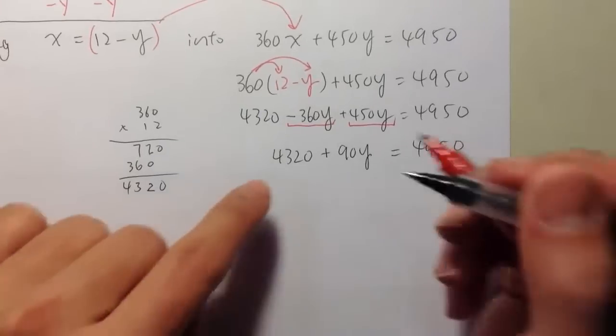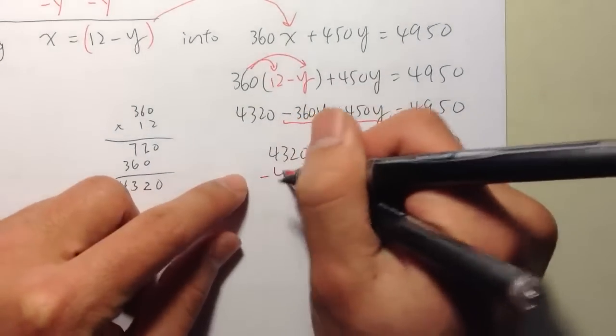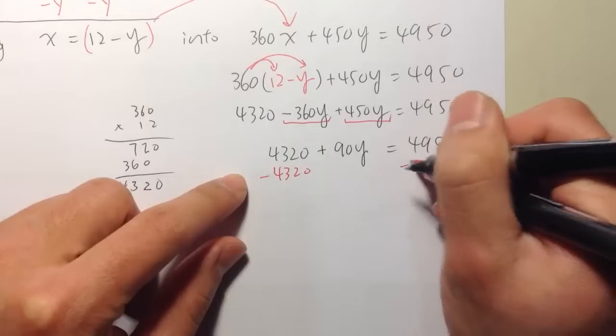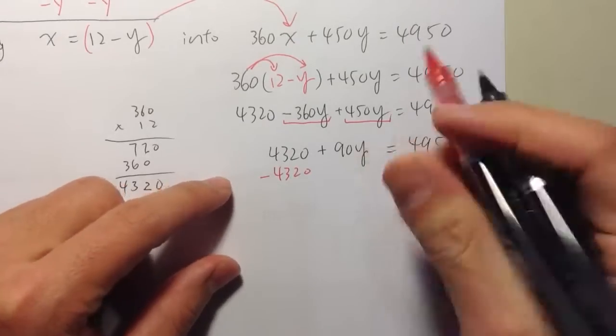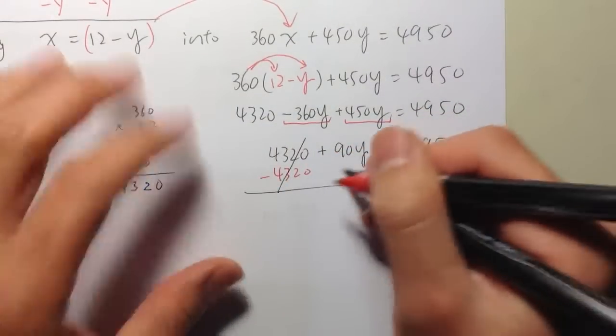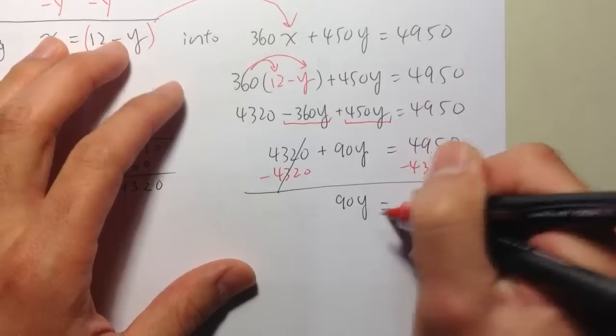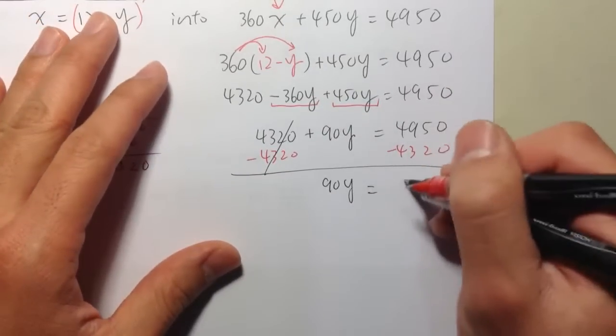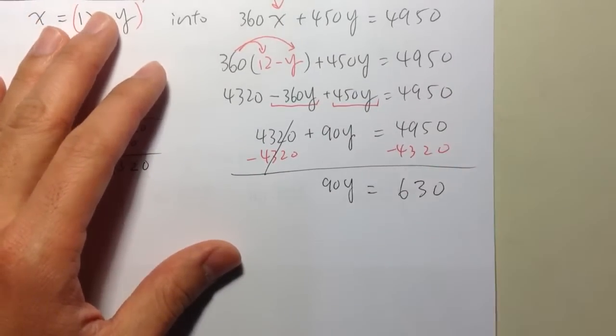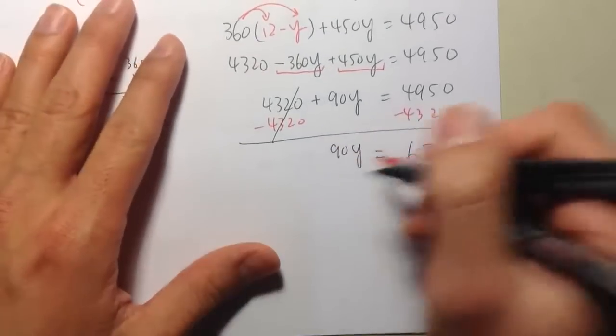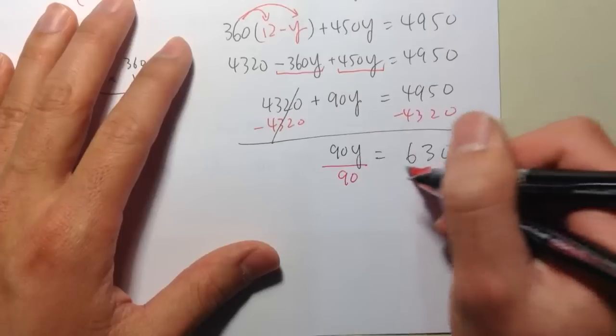Isolate the y. I can do that by subtracting 4320 on both sides. So they cancel, and I get 90y equals 630. To solve for y, I can divide both sides by 90.